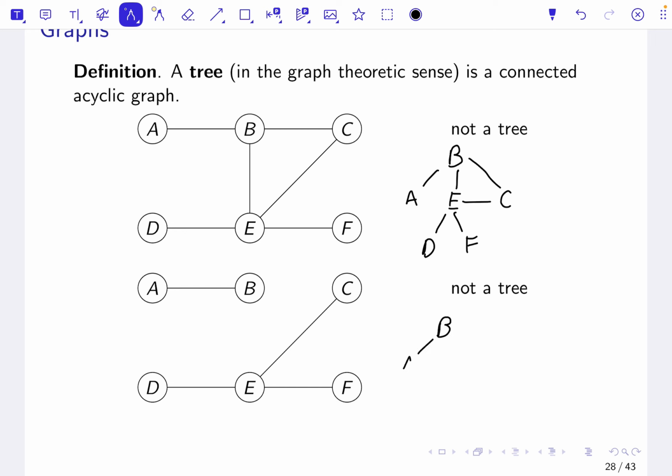This one is also not a tree. In fact, the word for graphs like this is a forest because it's a bunch of trees. So in this sense, our parent-child metaphor breaks down, but in a different way.